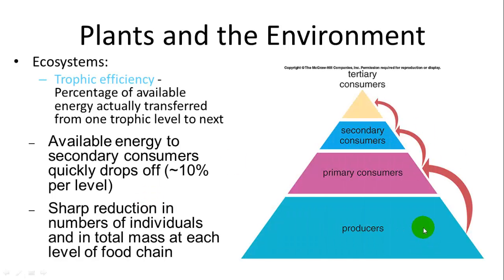So that means producers may produce 100 calories, primary consumers only have 10 calories, and secondary consumers only have 1 calorie from eating up and down the food chain. Well, this limits how many levels you can have, so it pretty much stops at tertiary. Maybe some ecosystems will have 5 levels, but most of them are going to have very simple 3 or 4 steps.